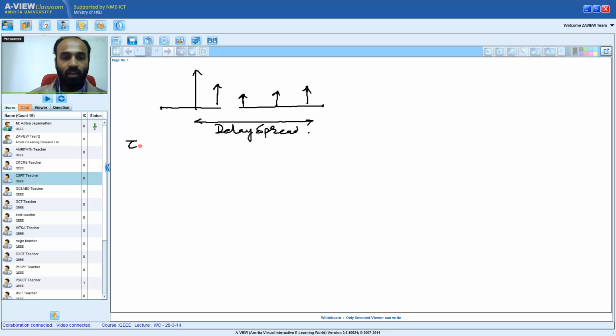One is the maximum delay spread, tau max. The other is the RMS delay spread, tau RMS.